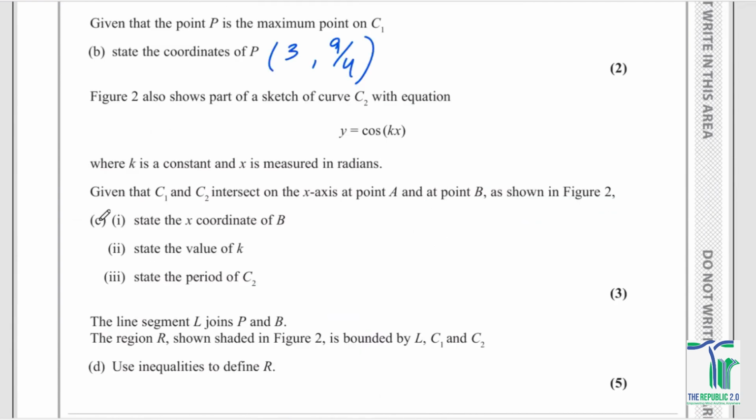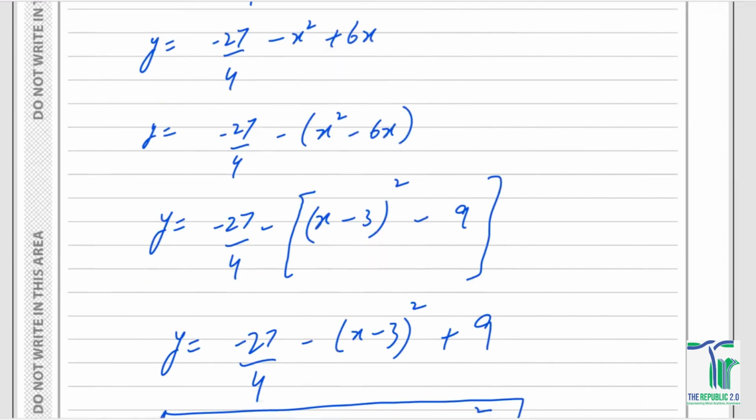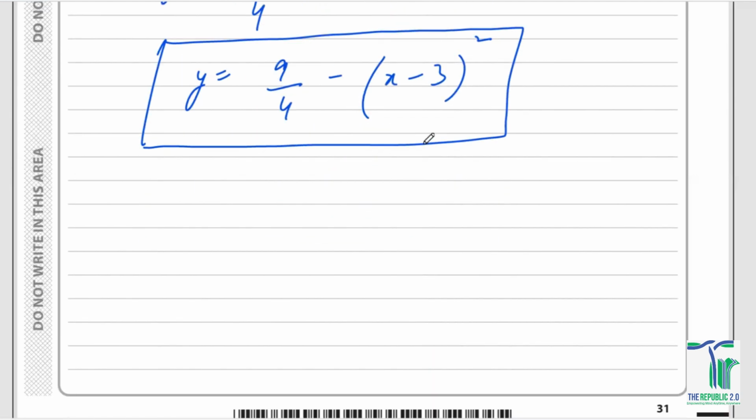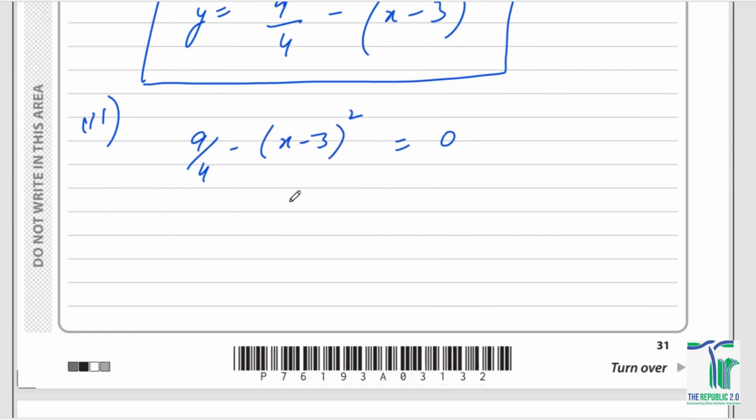So if he's asking us to get the x coordinate of B, I'm just going to equate my completed square form to 0. 9 by 4 minus (x minus 3) square equals 0. And now from this equation, 9 by 4 equals (x minus 3) square.